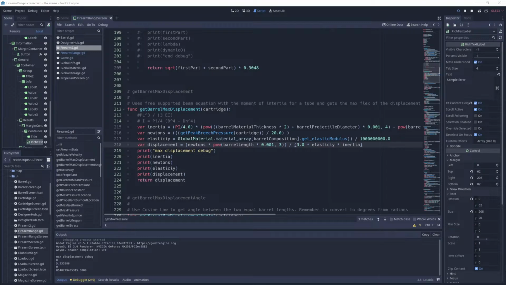Is gigapascals to pascals. 1, 2, 3. 1, 2, 3, 4, 5, 6, 7, 8, 9. Okay, so some of my math is funny. It's not a good sign. I literally based this one off of this one, though. How could I be so wrong? Terrible.